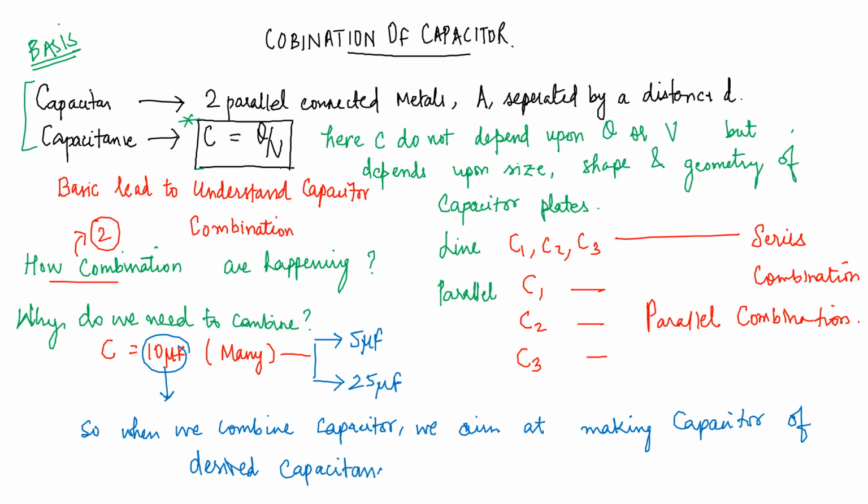Because we are making different combinations, different combinations give us different capacitance values.